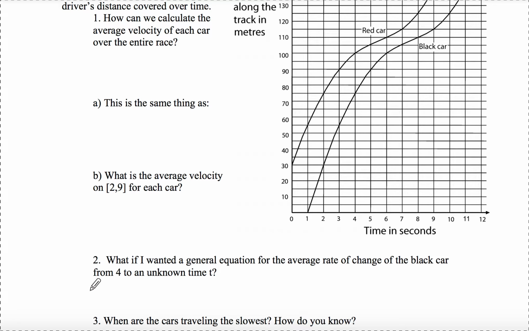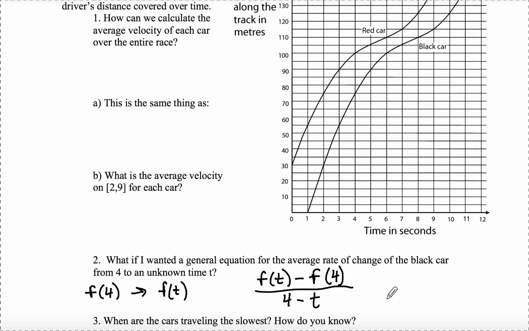Well, that means I would have the point f(4), which I would know, but then I would also be comparing it to f(t), some unknown time. And if I want to, I could come up with an equation that says this for our average rate of change: f(t) minus f(4) over 4 minus t, where f is the distance of the black car.